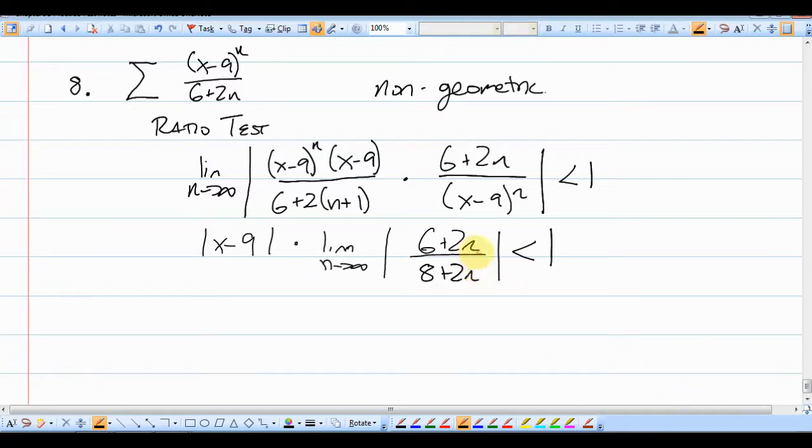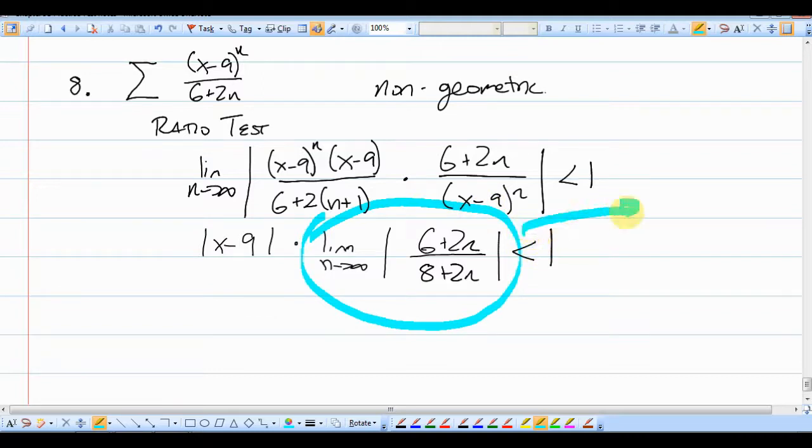Now there are many ways to show it, but this limit here is 1. That goes to 1.